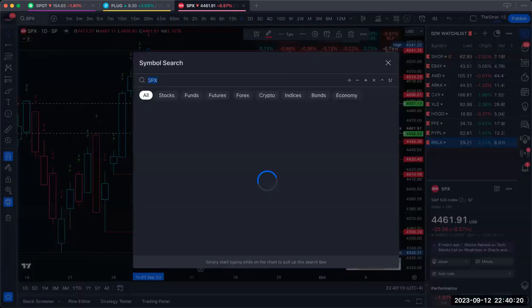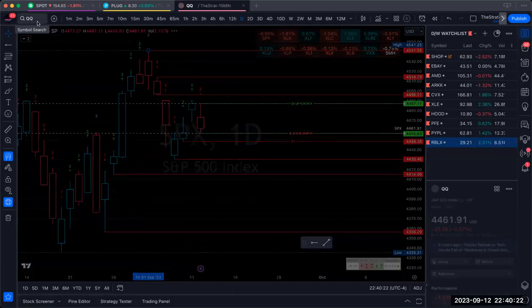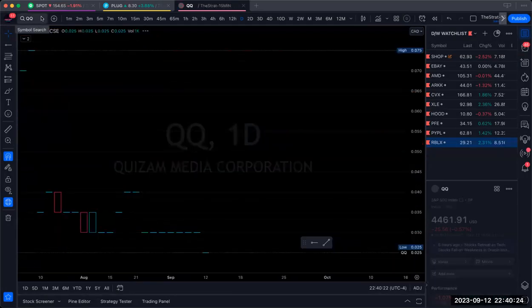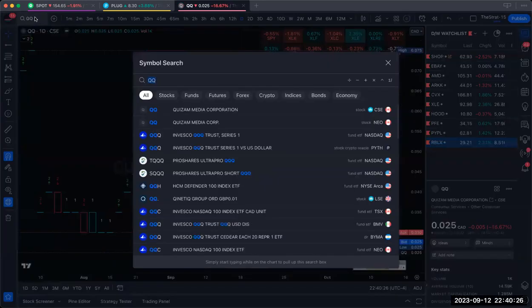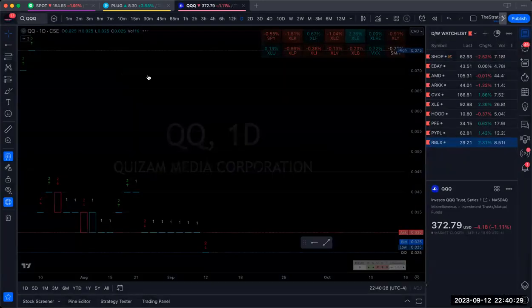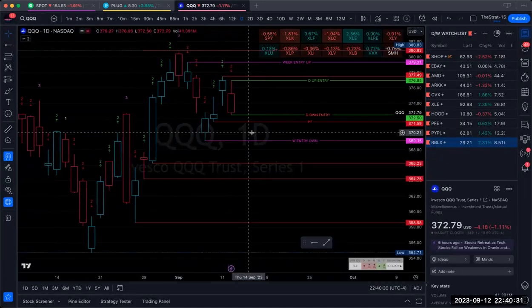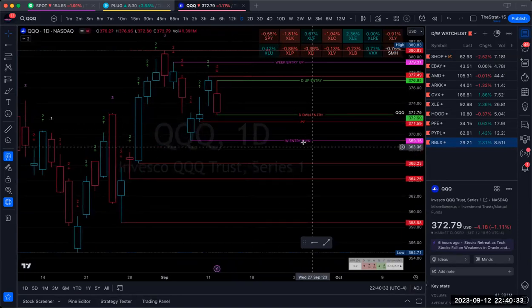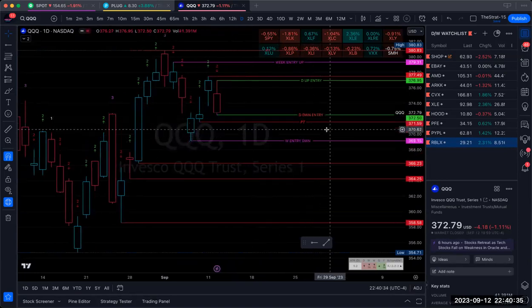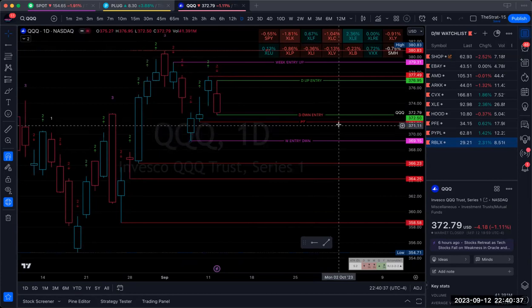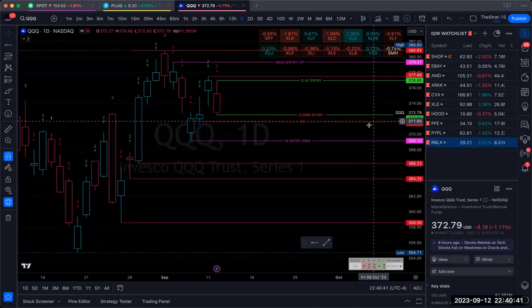I don't think I marked out QQQ. I wasn't really interested in that too much. But here's your levels on QQQ to the downside. 372.79, right, is your entry, and then 371.59 will be your first PT.